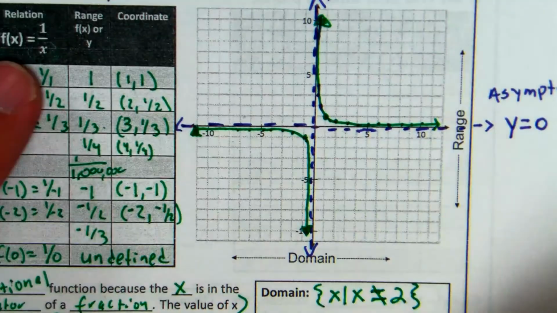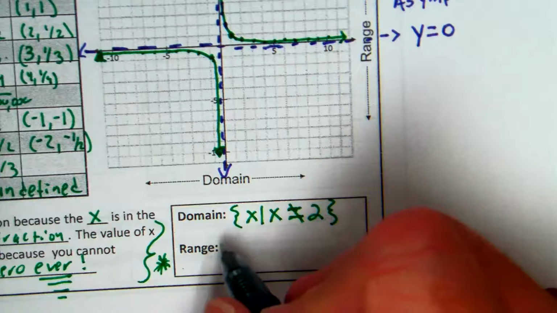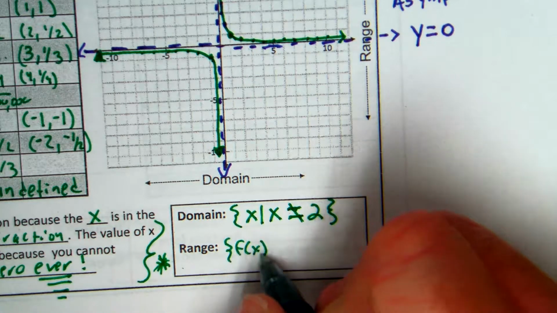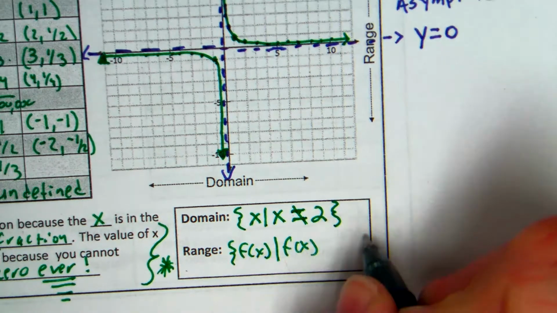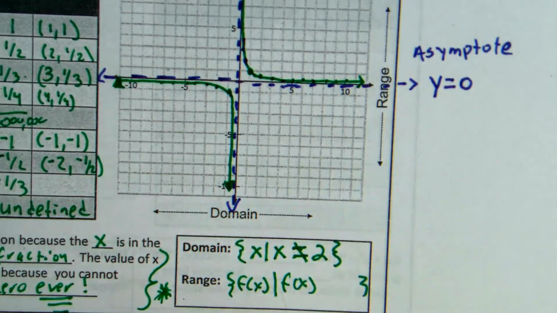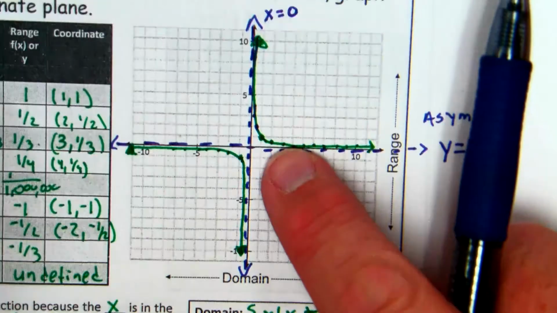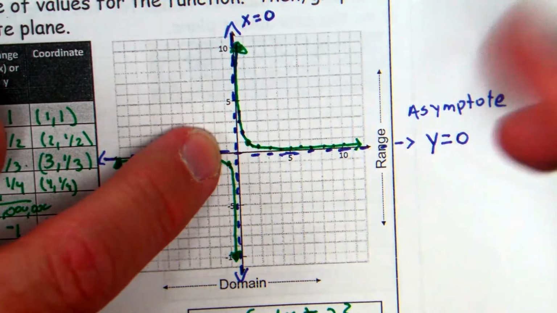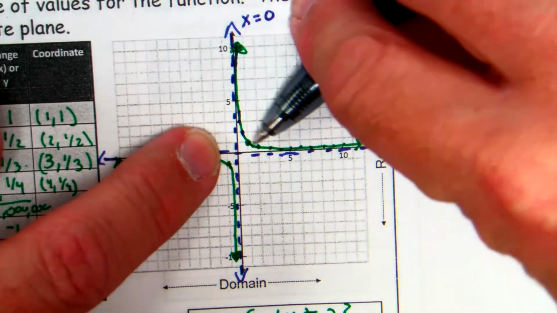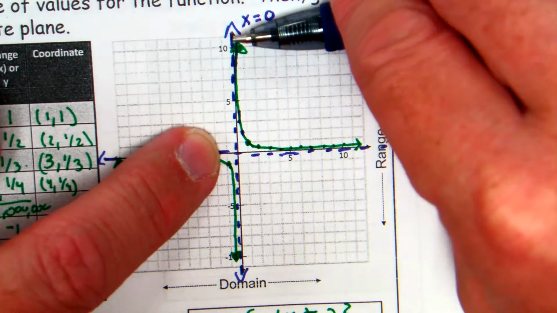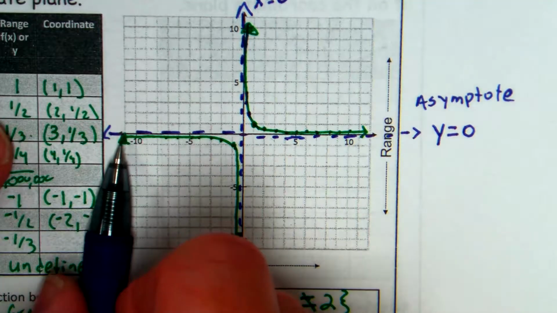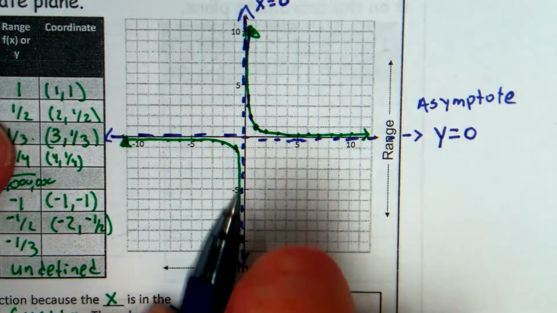For my range, notice my range is going to be f of x, or my output. Every value of y is going to work as long as it goes the same places that my graph goes up and down. Notice my graph starts here and goes up forever, and it starts here and goes down forever.